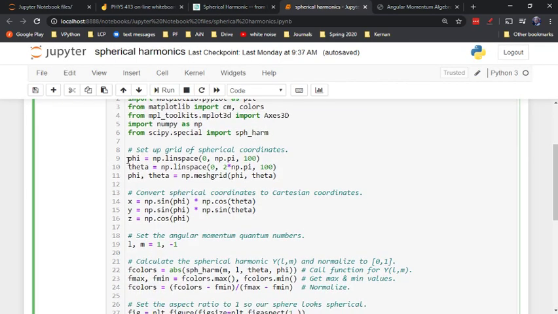Then we have to set up a grid of spherical coordinates. So spherical coordinates usually come in r, phi, and theta. We're not really interested in the r. We're interested in theta and phi. And so remember, whenever you go around spherical coordinates, one of them has to go from 0 to pi. One of them has to go from 0 to 2 pi. Otherwise, you end up double counting the sphere. That's just a little pro tip that they mentioned in math class, and I feel the need to repeat over and over again for students.